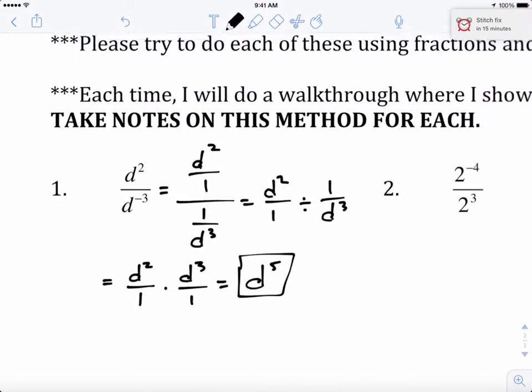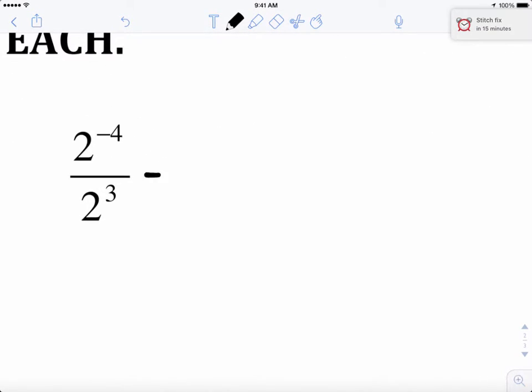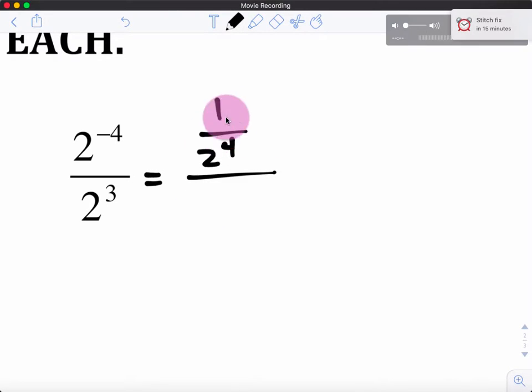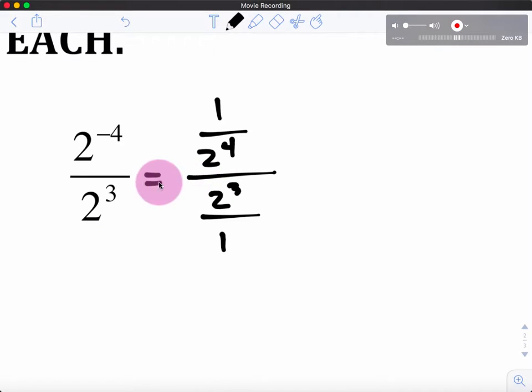Awesome. In our second example, once again, we've got negative exponents. I want to write these with positive exponents, please. And I'm going to preemptively, because I know I'm going to have some fraction division business, write our denominator as 2 to the 3rd over 1. I just think it really helps me so I don't have one of those awkward fractions. All right, well, we've got a fraction division problem going on here.